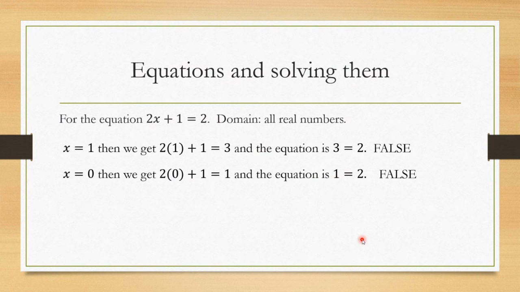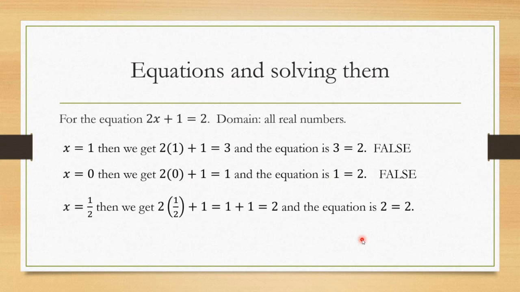Now, we could keep doing this for as many integers or any numbers as we want. But watch what happens if I replace x with this number, a half. Well, then the left side, by direct calculation, 2 times a half is 1. So 2 times a half plus 1 is just 1 plus 1, which is 2.